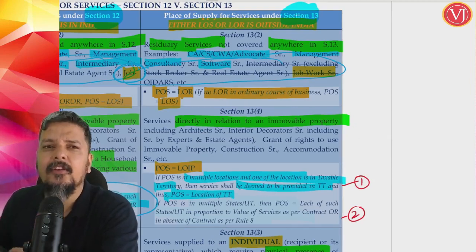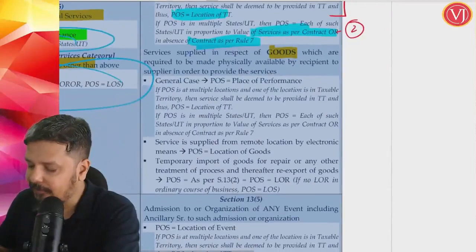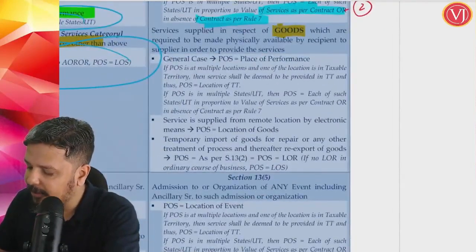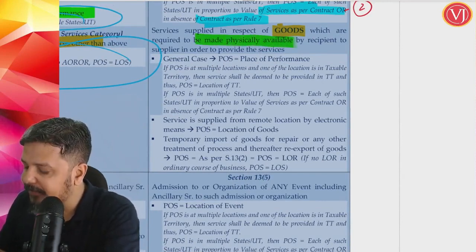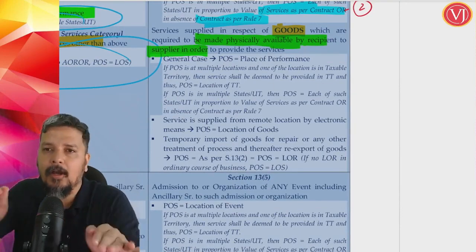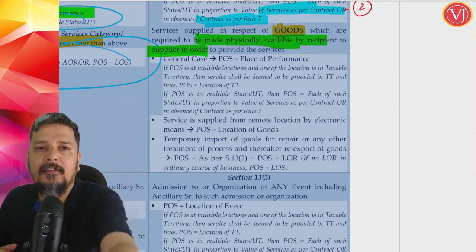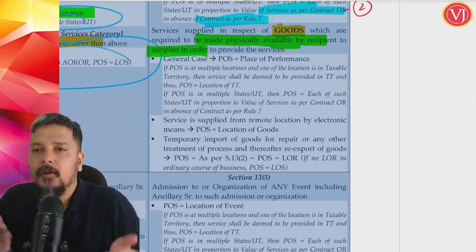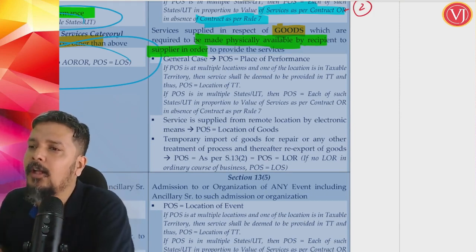Because for performance on goods, there was a specific provision, where you're talking about supplies on goods which are required to be physically made available by the recipient to the supplier. Only if you give me that goods, I can work on that goods and return it back to you. For me to work on the goods, you have to hand over the goods to me. I'll work on the goods and give it back to you.